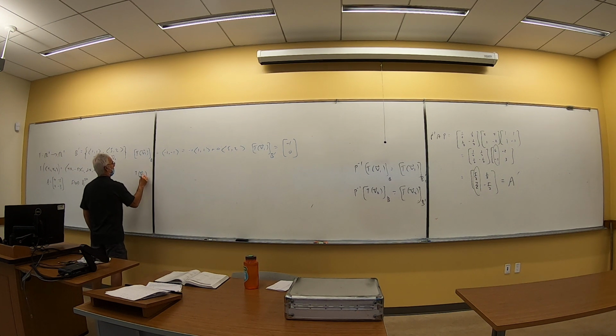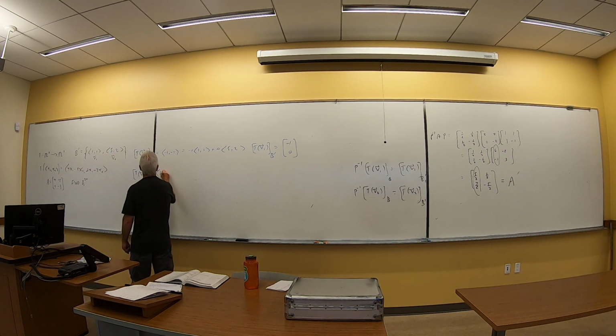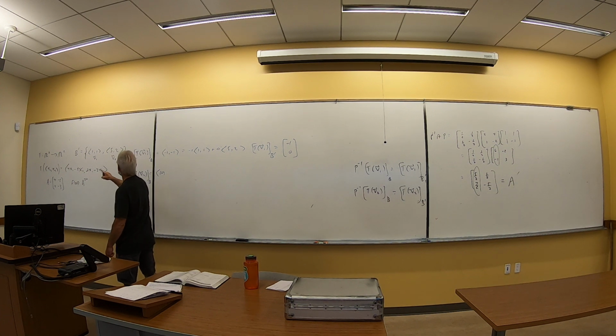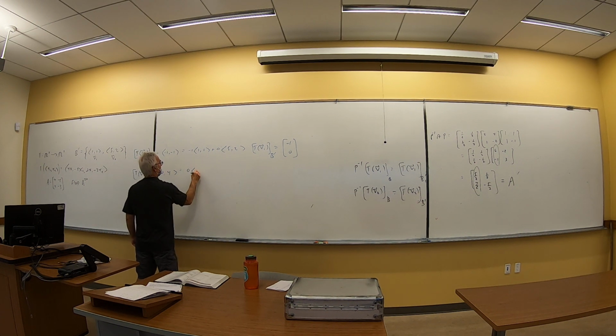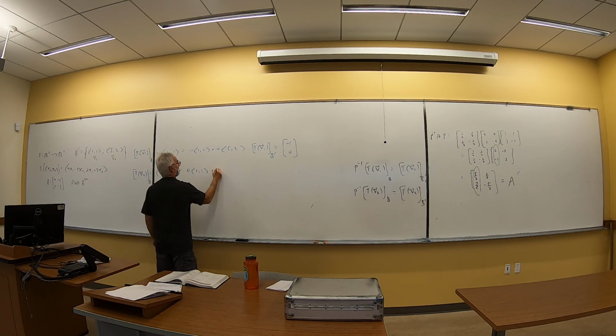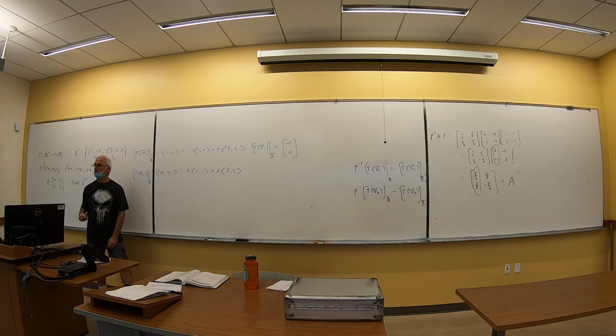T of V2 relative to the standard basis. So 20 minus 10, and then 10 minus 6. We good with that?